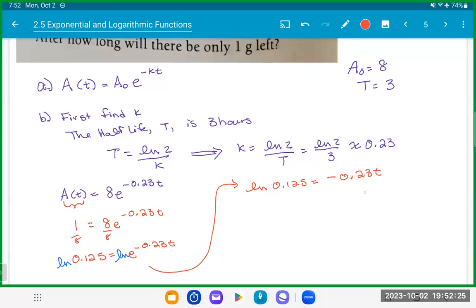And this is going to leave me with the ln of 0.125 divided by negative 0.23 is equal to t. Therefore, t is approximately 9. So that tells me that it'll take approximately 9 hours for those 8 grams of substance to reduce to 1 gram. Okay? Questions?